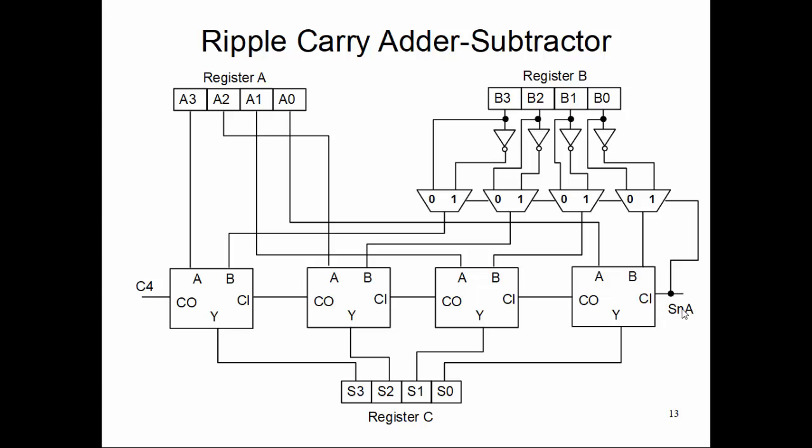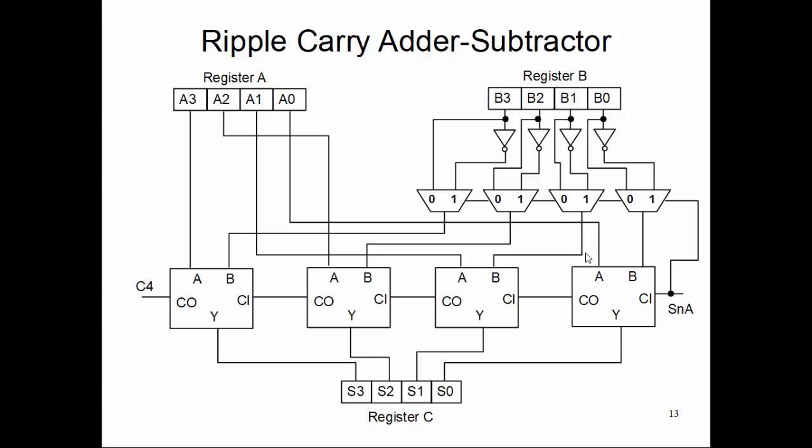It's well fit because SNA set to 0 is addition, so I am feeding 0 into the default carry in for the first full adder. If SNA is 1, it is a subtraction, and I am supplying the same 1 into the default carry in for the first full adder circuit.